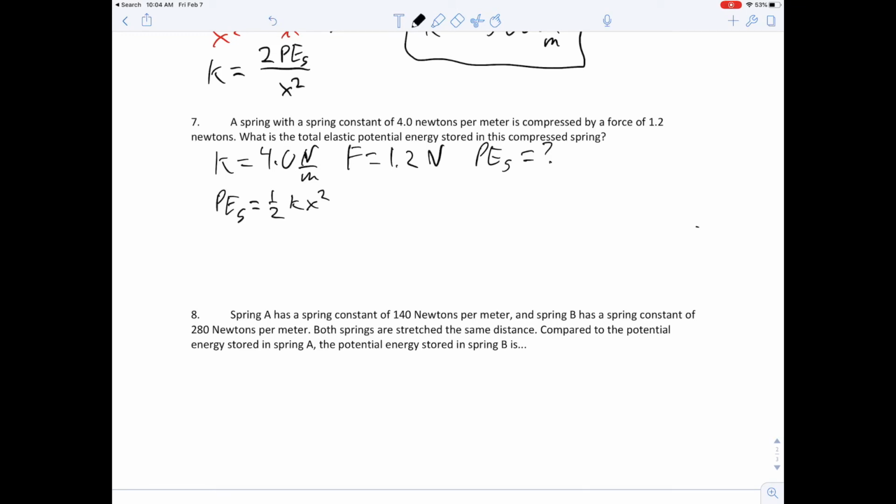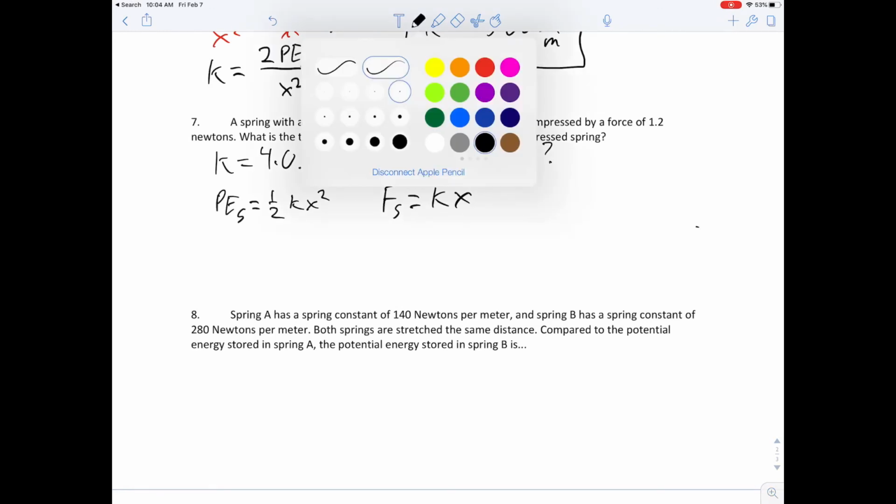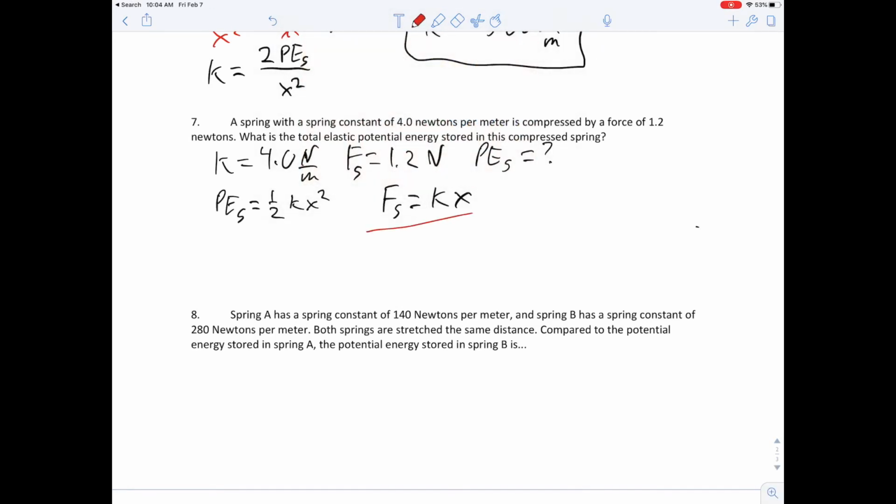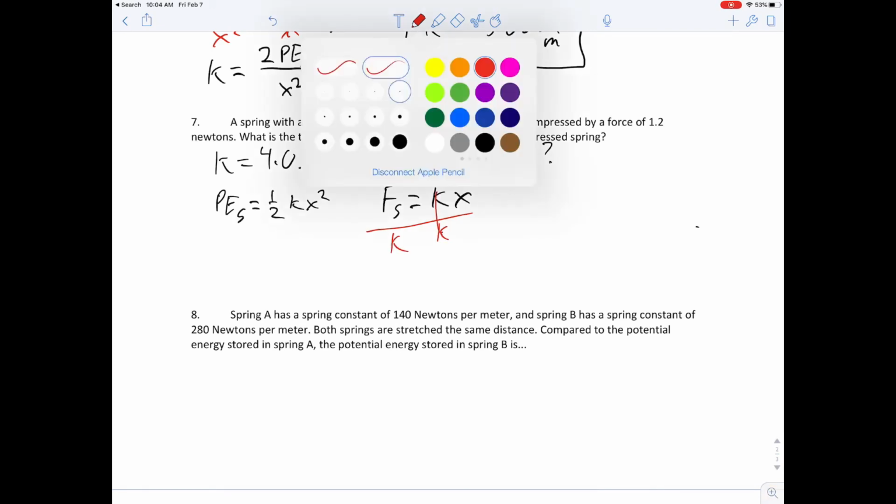Well, this is a two-step problem, and I believe you should be able to do it. I know it's a little more difficult, but you have to go back a couple of units. Remember, we have other equations for springs, so we know that the force on a spring is equal to kx. So we can get our x by dividing by k on both sides.